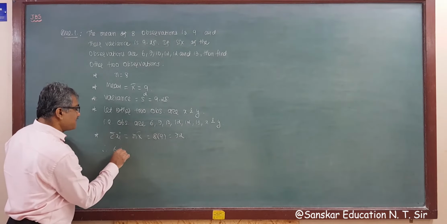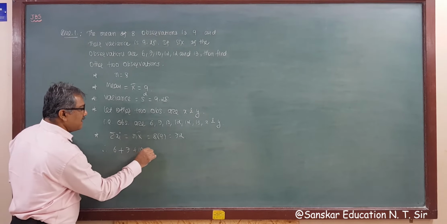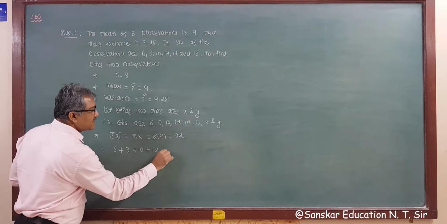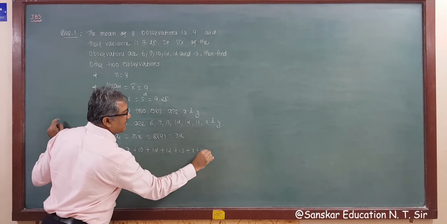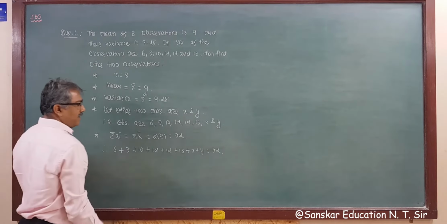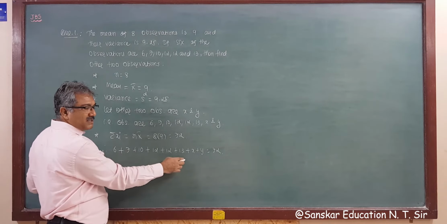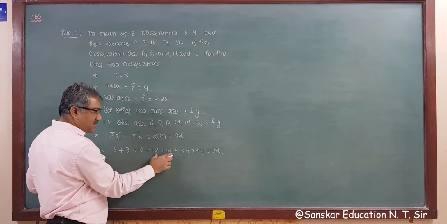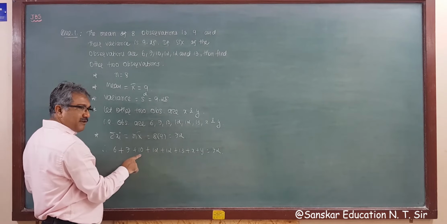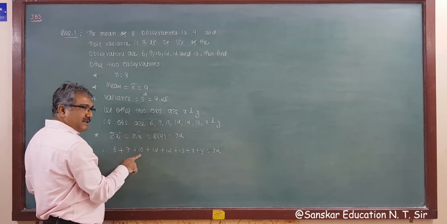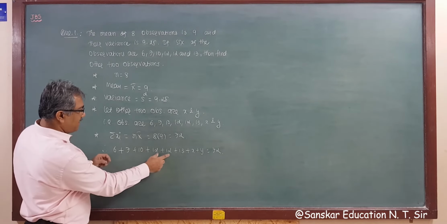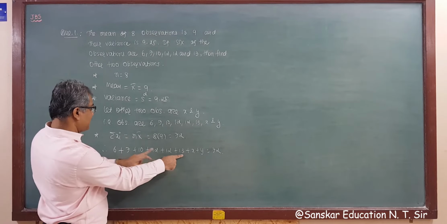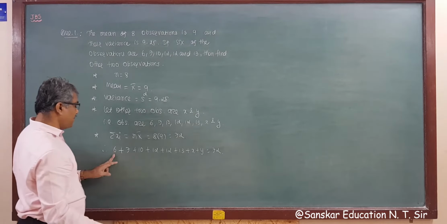That is 6 plus 7 plus 10 plus 12 plus 12 plus 13 plus x plus y is equal to 72, right? This is 24 plus 13, 37, 37 plus 10, 47 plus 7, 54 and 60.